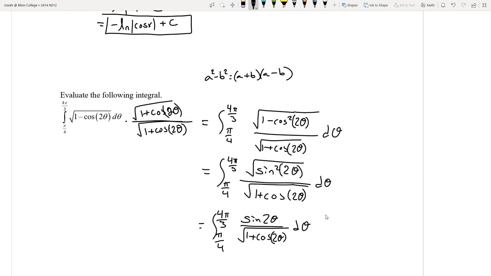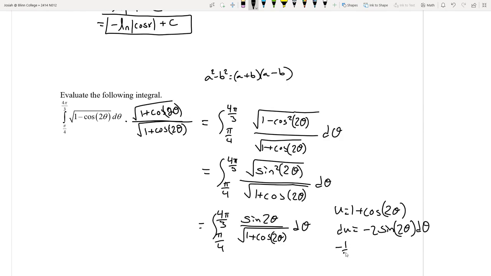And the significance here now is that the numerator is going to be some version of the derivative of the denominator. If we look inside that square root and we let u be 1 plus the cosine of 2 theta, then du will be negative 2 sine of 2 theta, if we use our chain rule, with a d theta on the end.